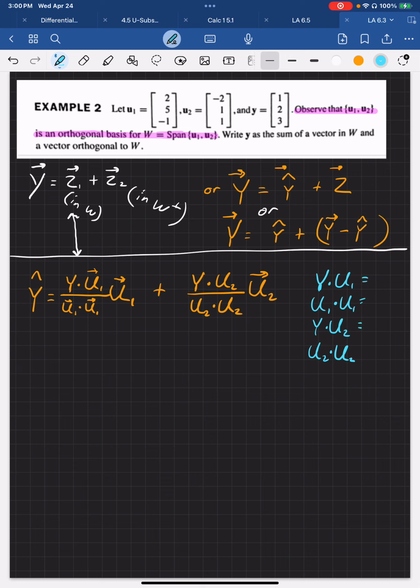Forgive me, I'm not going to write the little arrow notation over the y's and u's, it's going to get a little bit too cluttered. I know that you know how to do dot products, so I'm going to give you the results. You should get 9, 30, 3, 6.